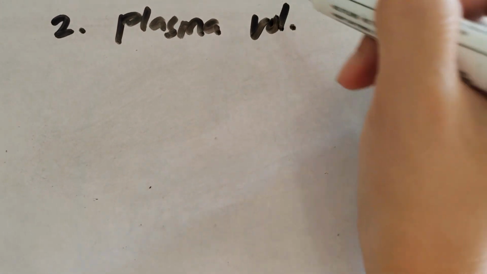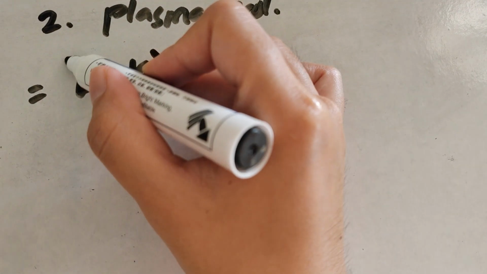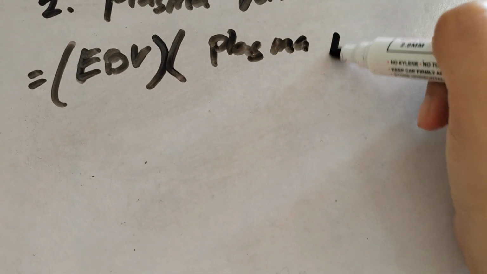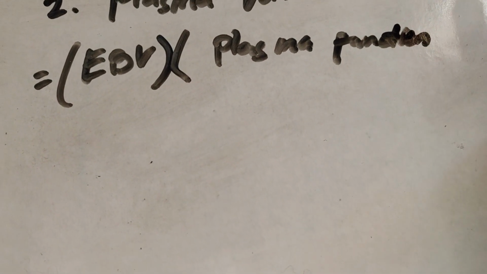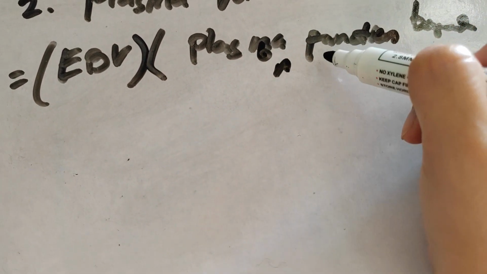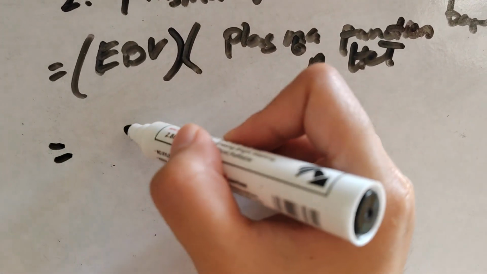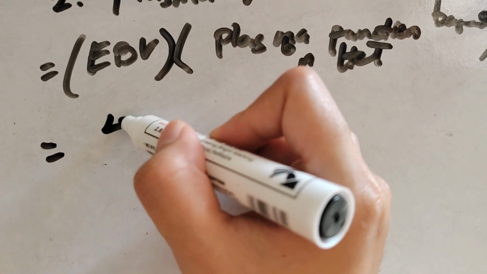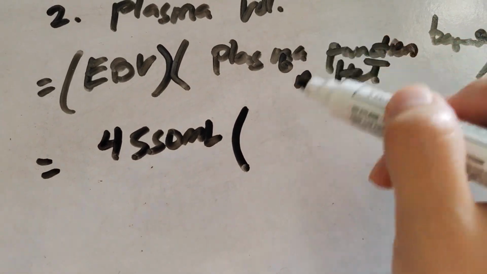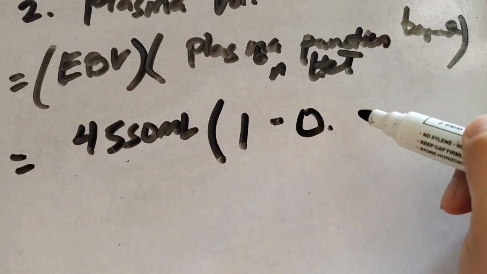To get that, we are gonna use the EBV times the plasma fraction based on hematocrit. EBV natin kanina is 4,550 ml. Times 1, which is a constant, minus your hematocrit, which is 28%, di ba?